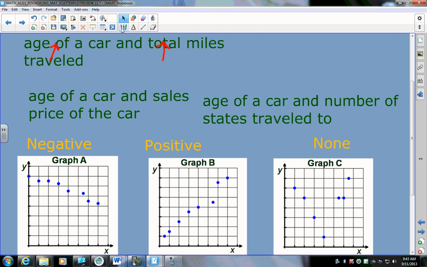The next ones I have, it says the age of a car. So the older the car, what happens to the sales price of the car? It does depend. The older your car is, you can't sell it for as much as what you bought it for.